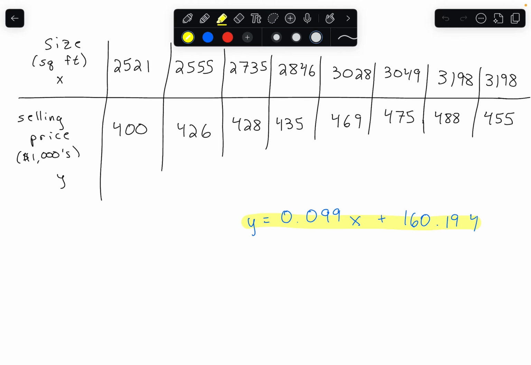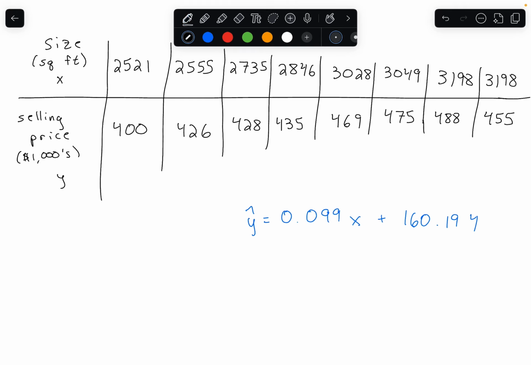So we have y, or it should really be y hat for our predicted value, is equal to 0.099x plus 160.194. And I want to focus on interpreting the slope of the least squares regression line in this video.